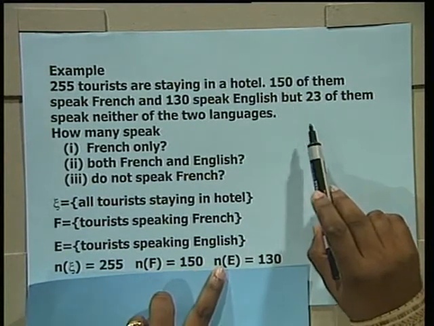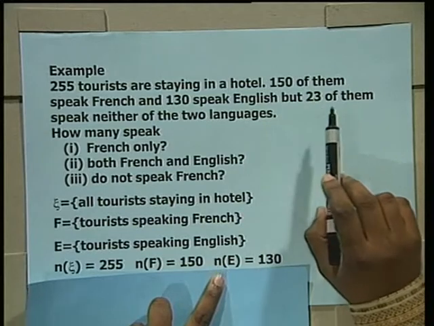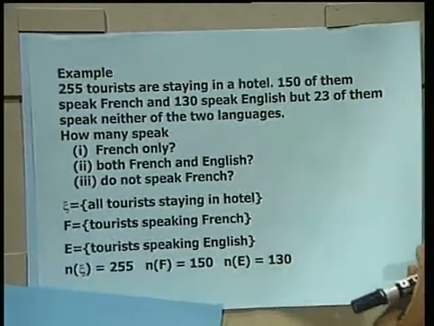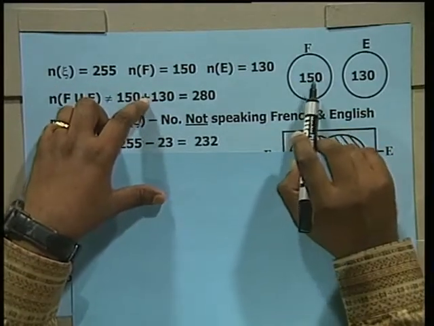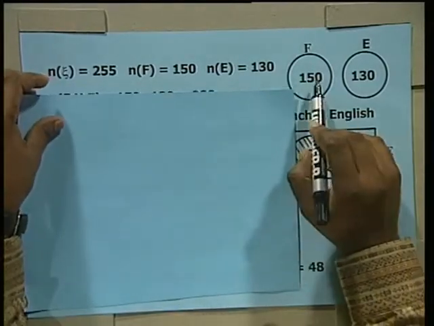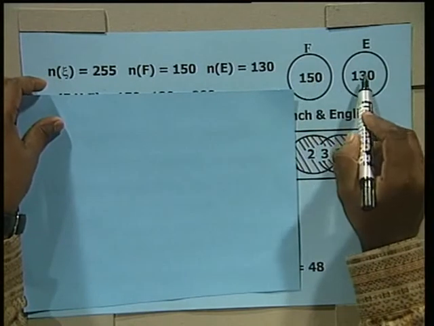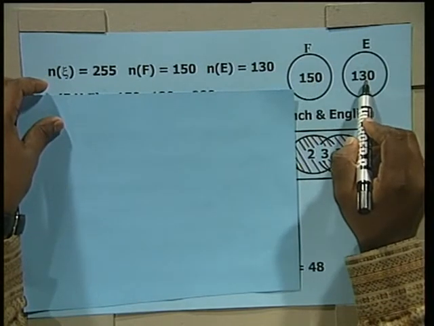The cardinal number of the set E is 130. So we are going to show it using Venn diagram. Number of elements in set F is 150. Number of elements in set E is 130.